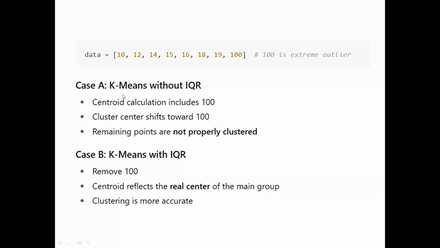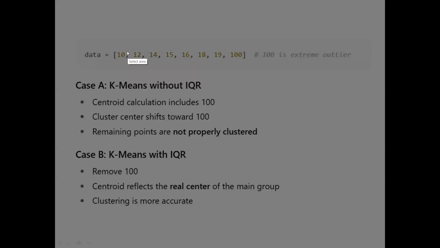So you can see that in k-means without IQR, the centroid calculation includes 100. The cluster center shifts towards 100, so the centroid will try to move itself in between. However, 100 has nothing to do with the remaining data set. If we remove 100 with IQR analysis, which is actually the work of the IQR technique, 100 will be removed before passing to the k-means algorithm.